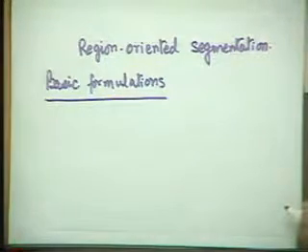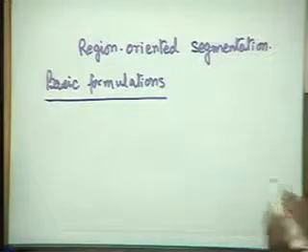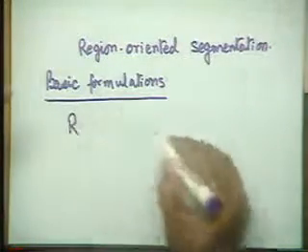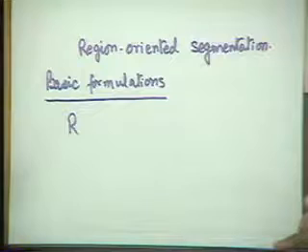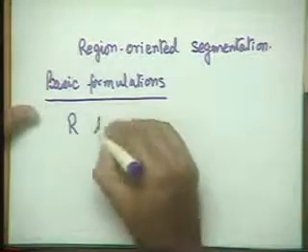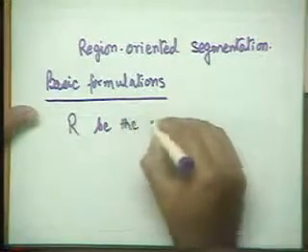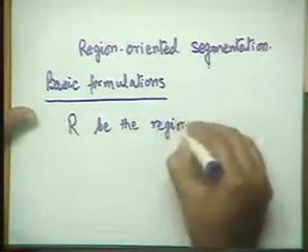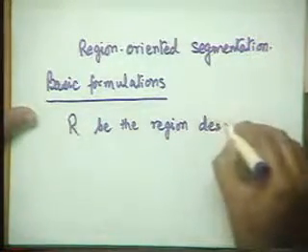Somebody gives us an image, and we can think of the entire image as one region R. Let R be the region describing the complete image.